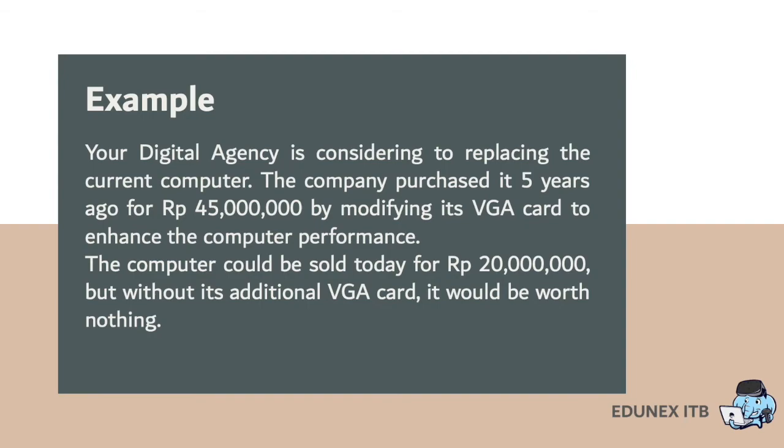The computer could be sold today for 20 million rupiah, but without its additional VGA card, it would be worth nothing. The 45 million rupiah is the sunk cost because it represents the earlier cash outflow. But the 20 million rupiah is the opportunity cost, as your company still owns the computer and this amount of money represents the possible cash inflow if it were sold today.